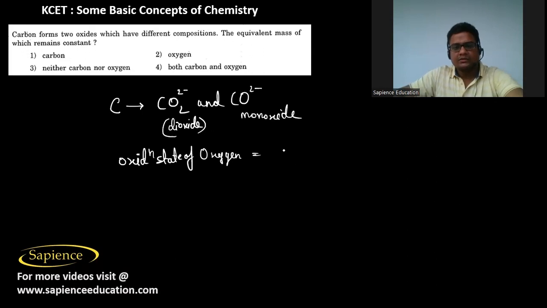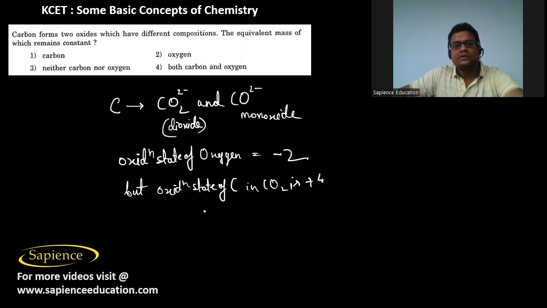But here the oxidation state of carbon is not the same. The oxidation state of carbon in CO2 is +4, and the oxidation state of carbon in carbon monoxide is +2.